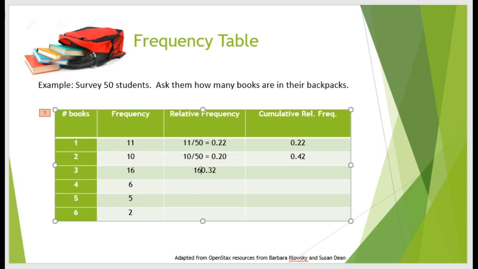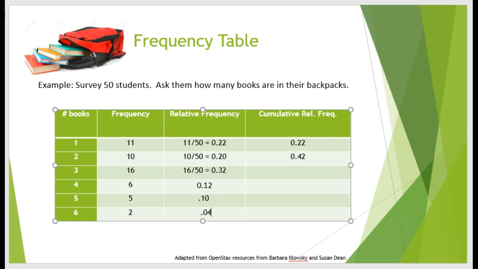We would do 16 divided by 50 equals 0.32. And this is 0.12. This 5 divided by 50 is 0.10, and 2 divided by 50 is 0.04.